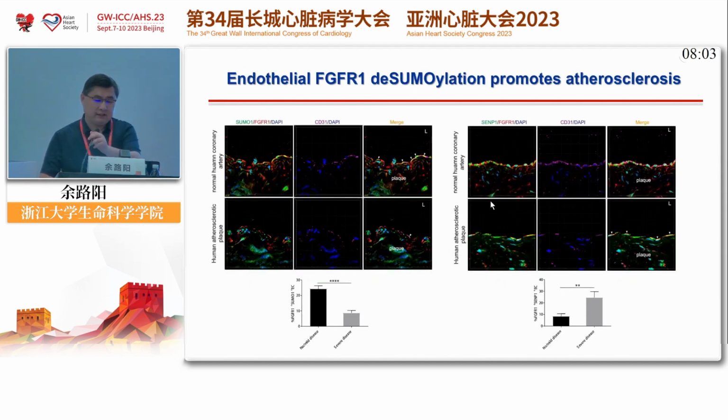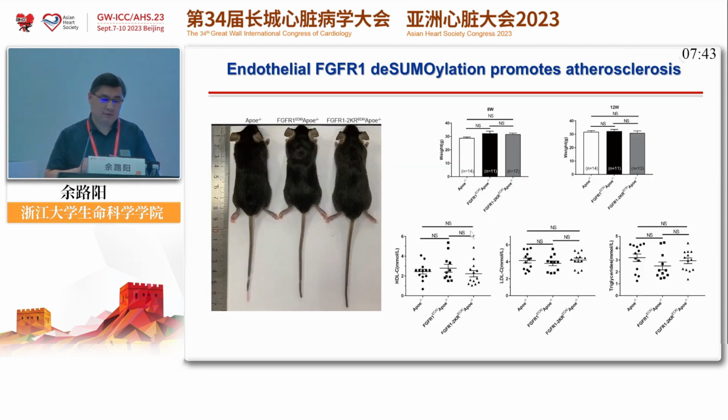More importantly, in the clinical specimen, we find that in the atherosclerotic plaques in the endothelium, the colocalization of FGFR1 and SUMO1 decreases a lot, and there is a translocation of SENP1 from the nucleus to the cytoplasm. Based on these clues, we constructed the FGFR1 deSUMOylated mutant mice based on the ApoE knockout, using the wild type as control.